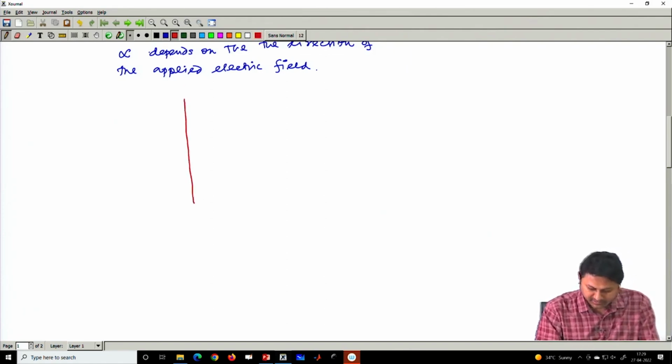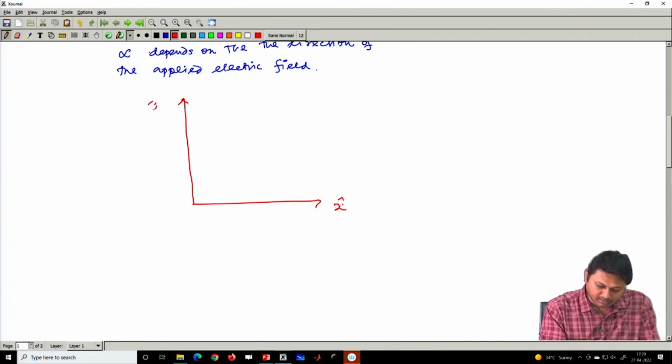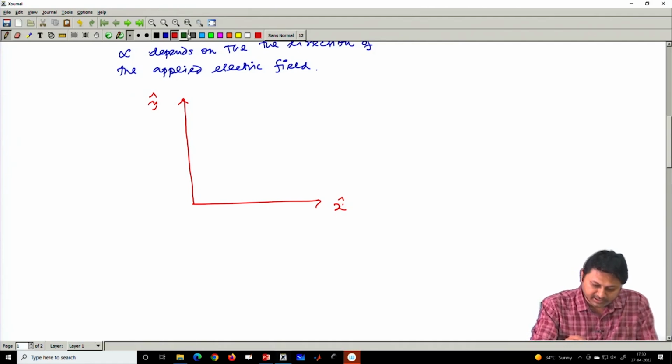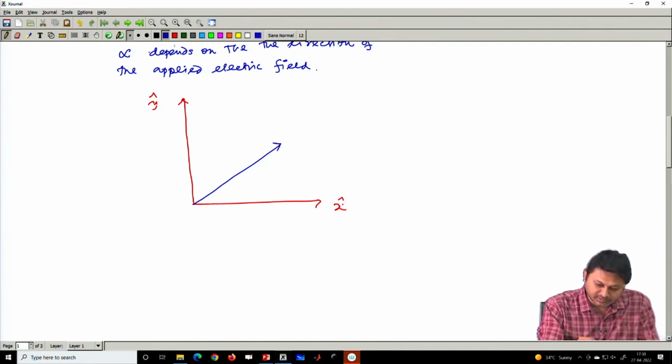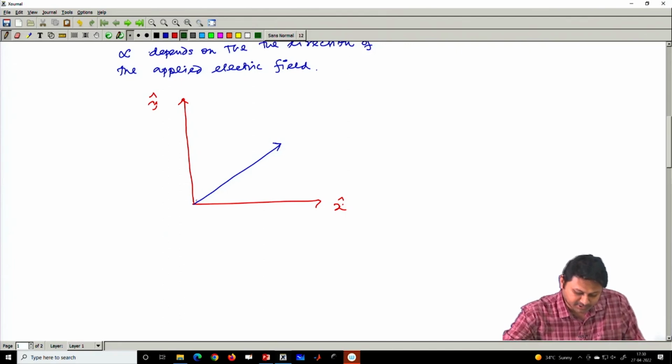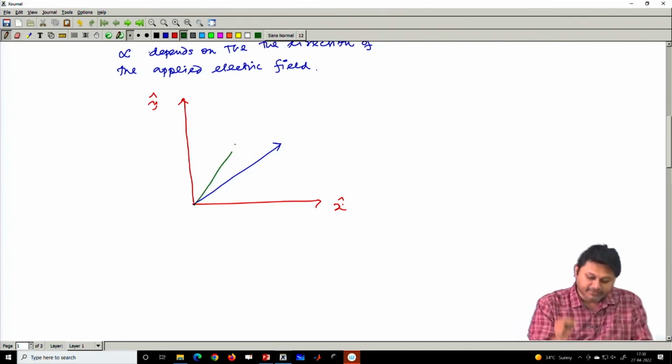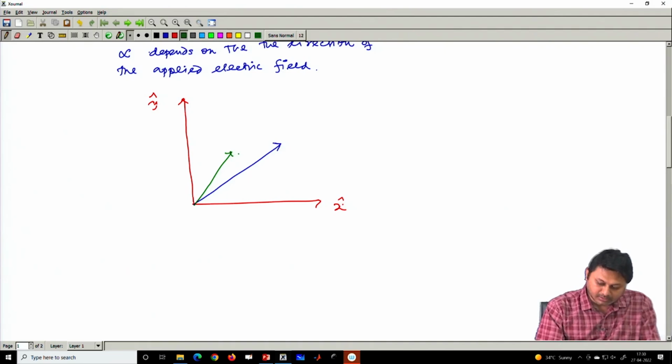This is my coordinate system, x and y. Let us consider only two dimensions, and this is the direction along which my electric field is applied. But my polarization is now no longer in the same direction as the electric field. Still, the x component of the polarization depends on the x component of the electric field.